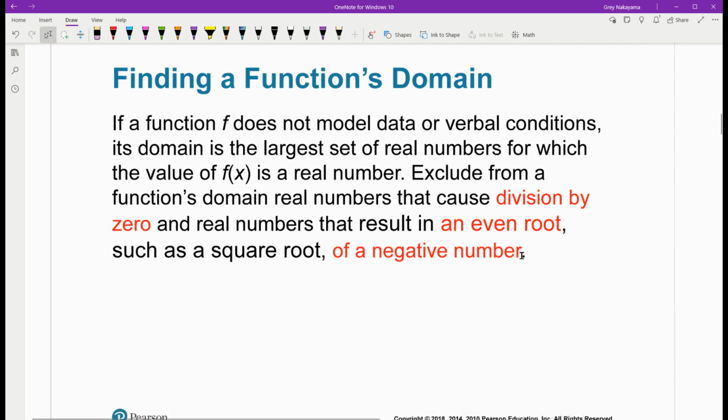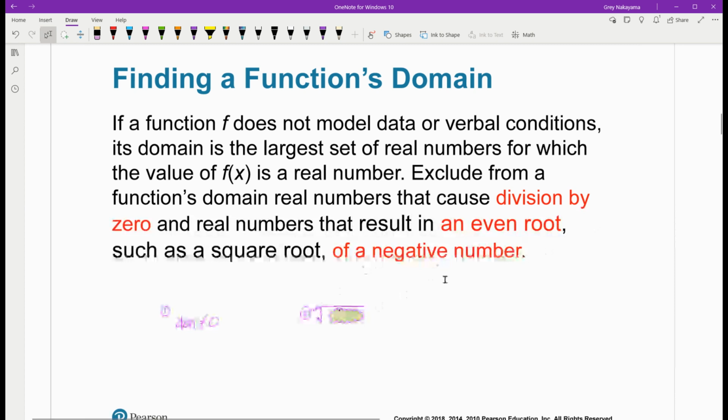So that brings up two things whenever you're looking at a problem and trying to find out what the domain is. Okay, first off, as I just said, you're going to set the denominator, find out what makes the denominator 0. We just did that a lot in the last chapter, so that part should be easy. And then the second thing that you're going to do is look and see whether or not you're taking the even root.